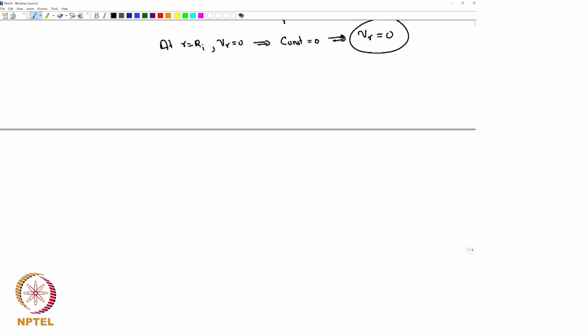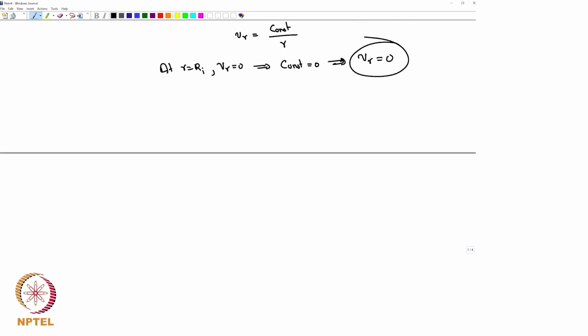We can write down only the theta momentum equation, but before that it's worth looking at the radial, or r, momentum equation as well, because that's going to give you some insight into the problem. The theta momentum equation is what gives you information about the flow profile. So let's start by doing that.